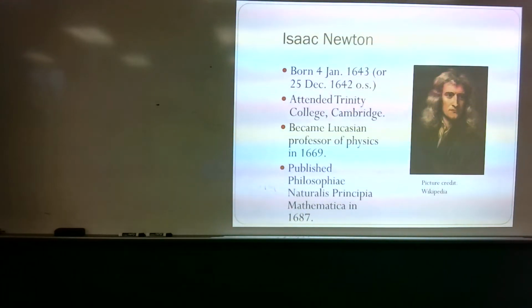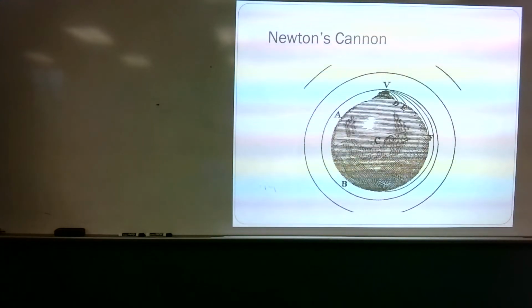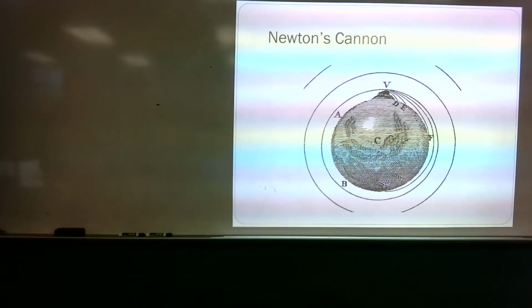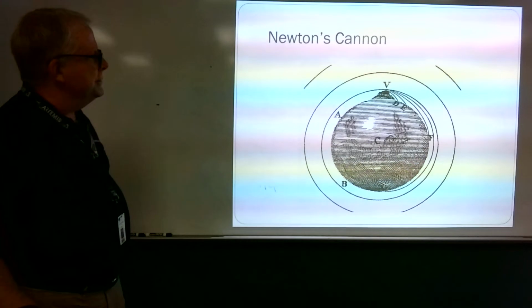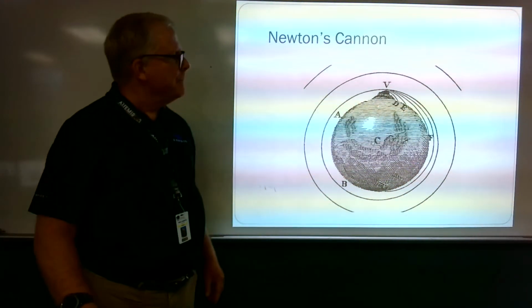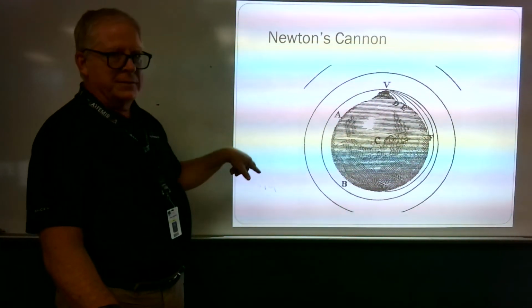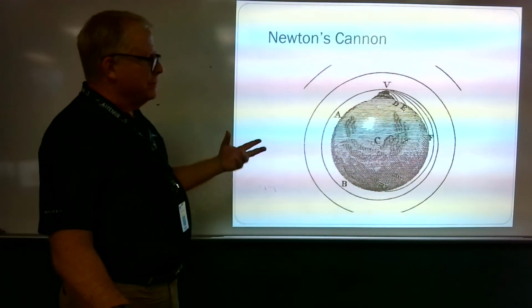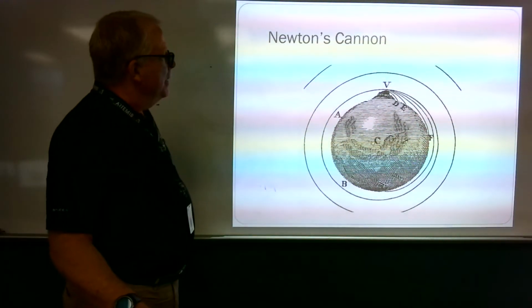Here is a diagram from a later version of the Principia, showing what is known as Newton's cannon. Now, we talked about orbits, orbital motion, we did circular paths, but it's worthwhile going back to it here.